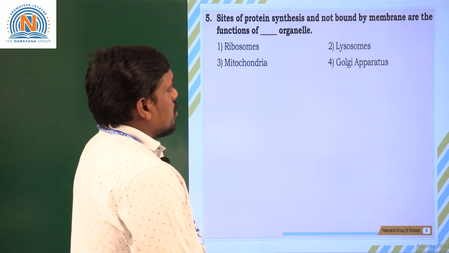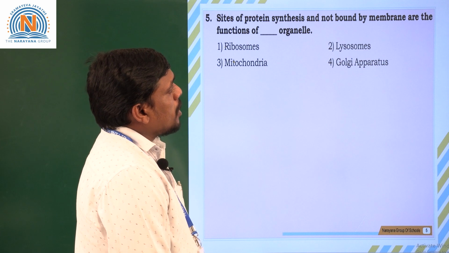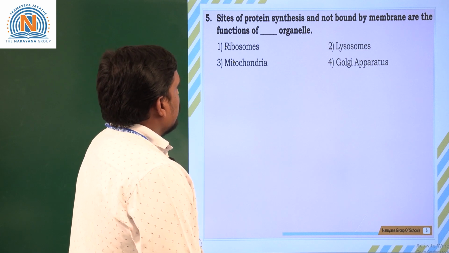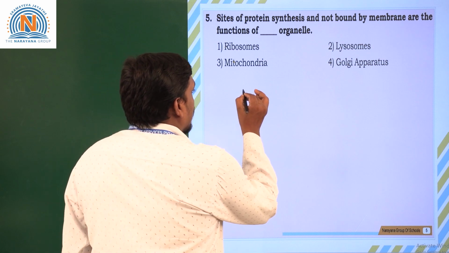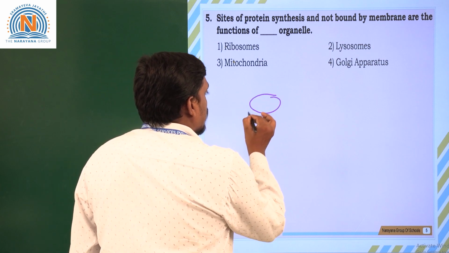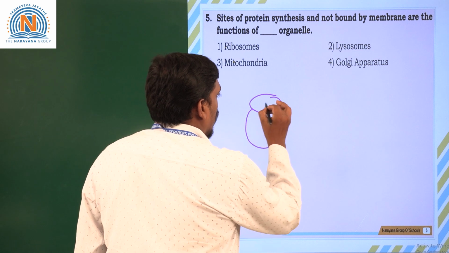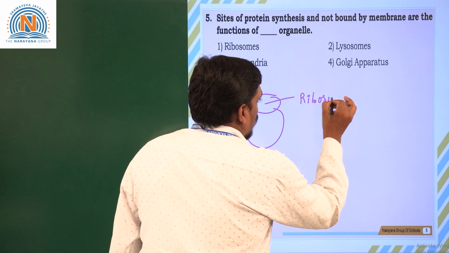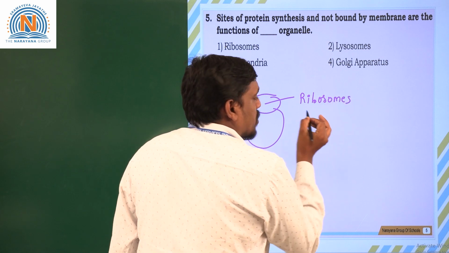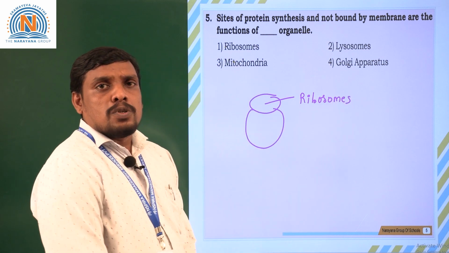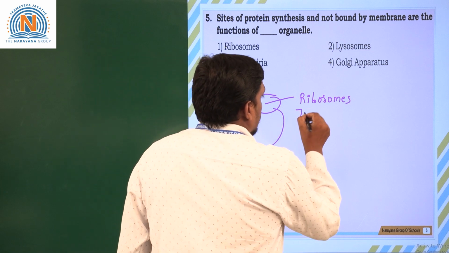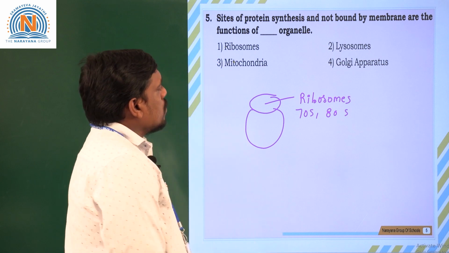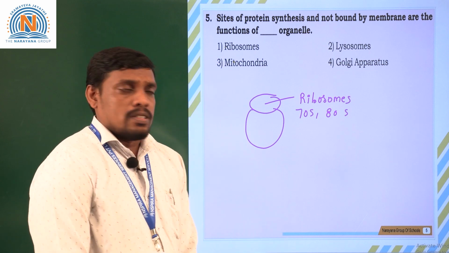Sites of protein synthesis and not bound by membrane are the functions of dash organelle. You know that protein synthesis is always carried out by special cell organelles called ribosomes. Different kinds of ribosomes are seen: 70S ribosomes as well as 80S ribosomes, which help in protein synthesis.